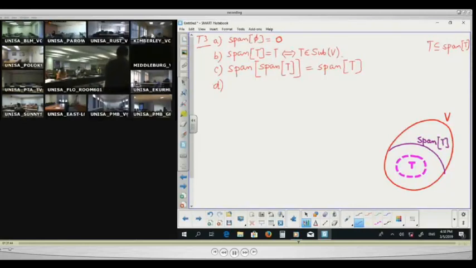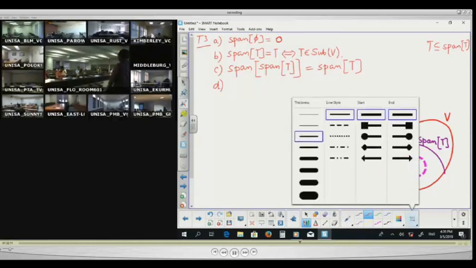Now, what I want to say is, if you do it twice, you get back what you get when you do it once. So can we say for C, span of span T equals span T, because span T is an element of sub V? Yes, span T we know is an element of sub V. That's why the equality holds.